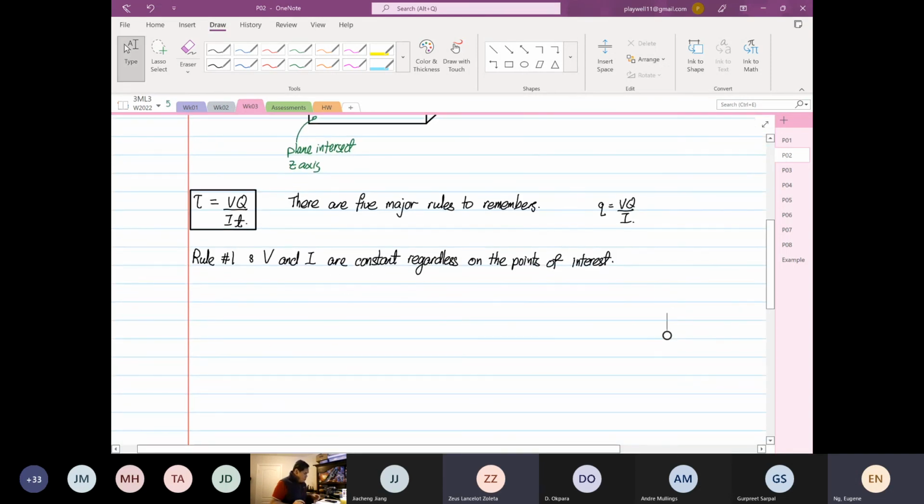Okay, so now let's say that we have a simply supported beam. Now this rotation Z. And then we have, as I said, simply supported.